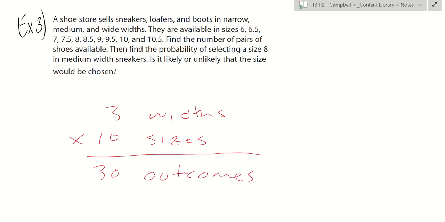So if I want a size 8 in medium width, that's 1 outcome out of 30. And 1 out of 30 is equal to 0.03 or 3.33%.